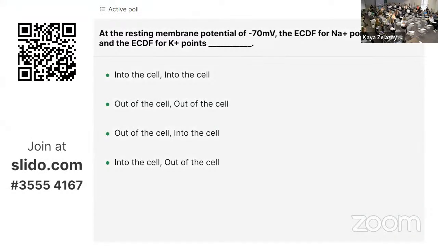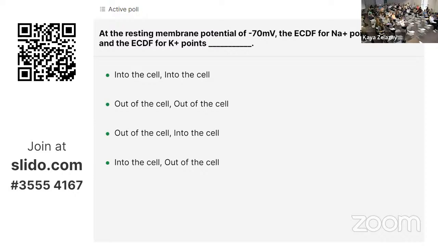Okay. So you should be able to, if you can see it, scan that QR code or join at slido.com with this number 35554167 and make your votes for this question.